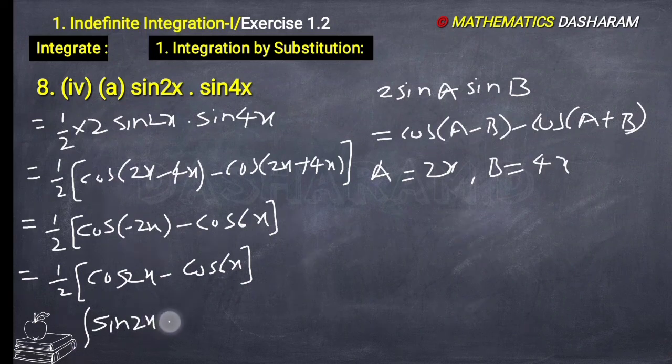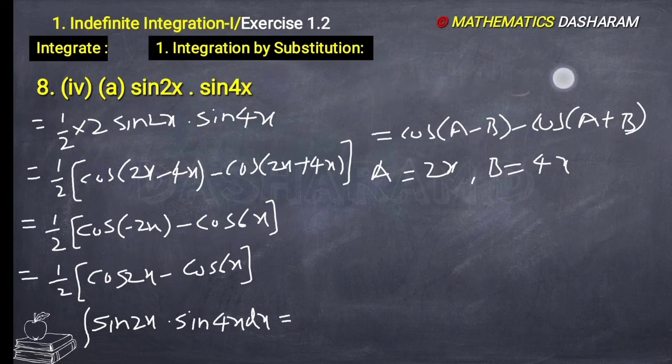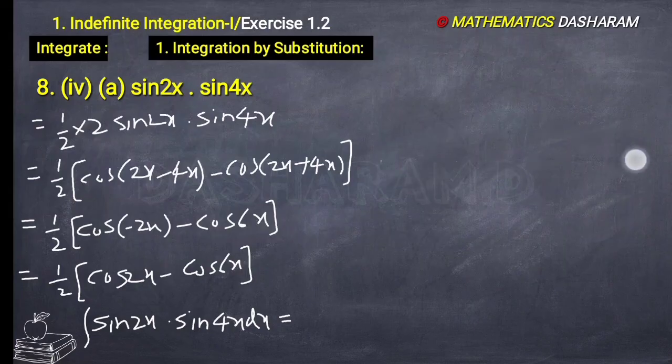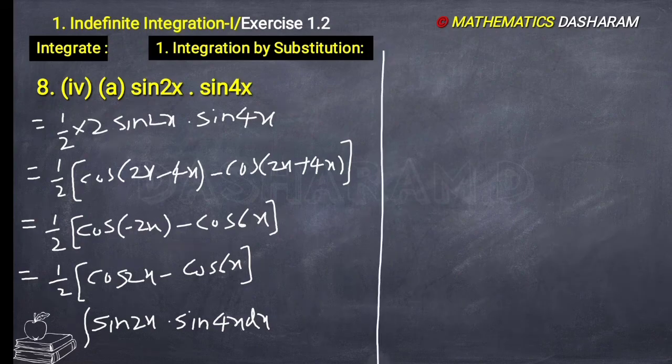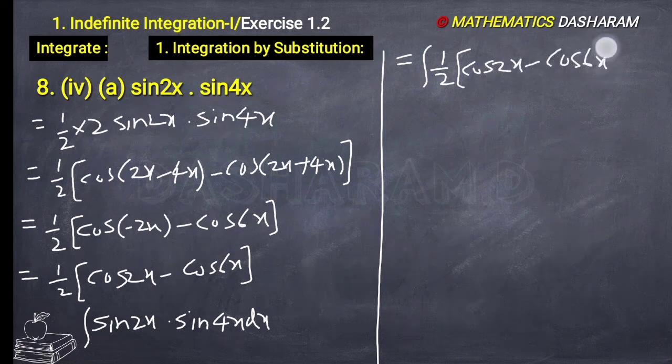Now apply the integration for the given question. Integration sin 2x into sin 4x dx equals to 1 by 2 integration of 1 by 2 bracket of cos 2x minus cos 6x dx.